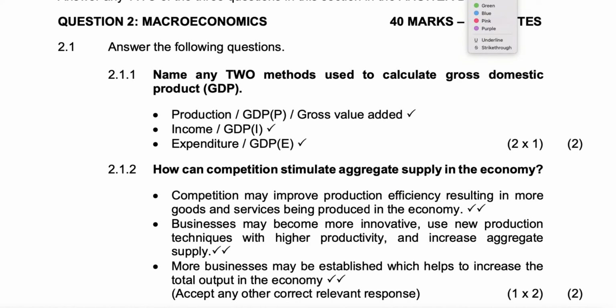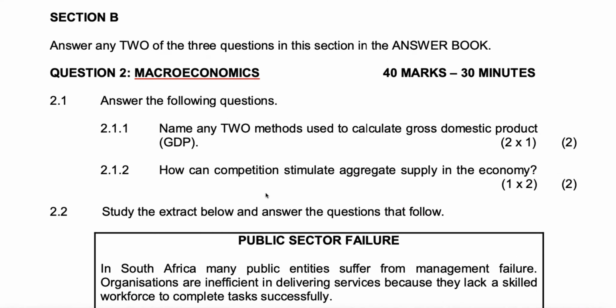Let me underline it. And then I spoke about innovation. Businesses may become more innovative, using new production techniques with higher productivity and increased aggregate supply. That's good. More businesses may be established. Yes, I also talked about this. More businesses may be established, which helps to increase the total output in the economy.